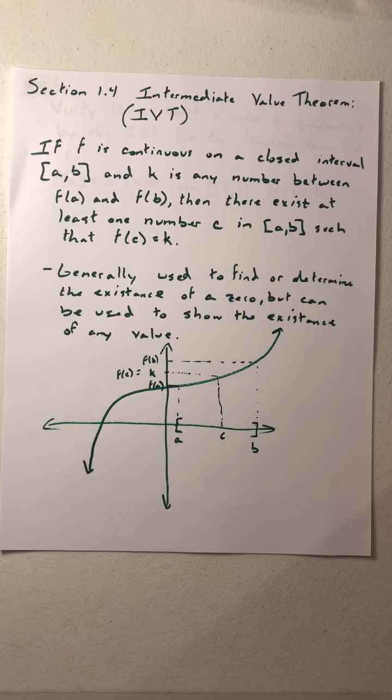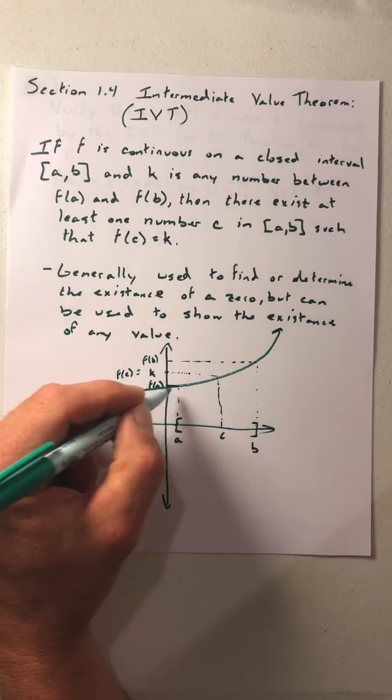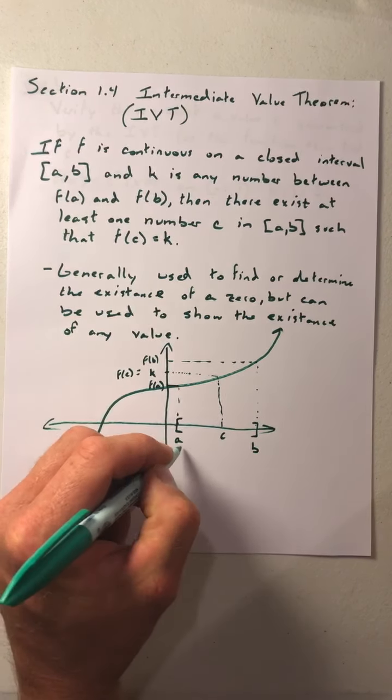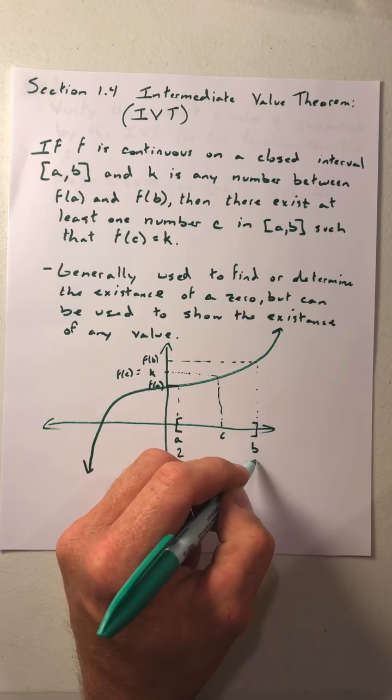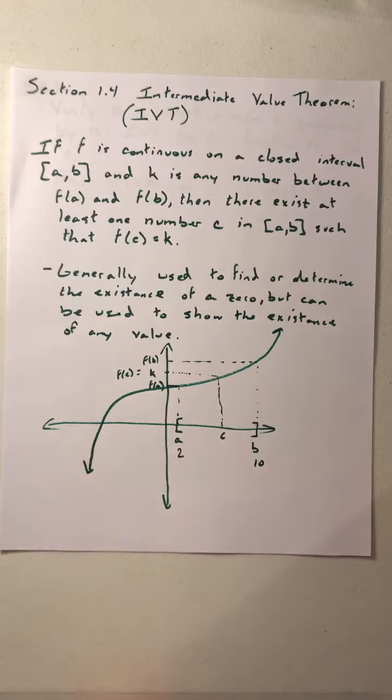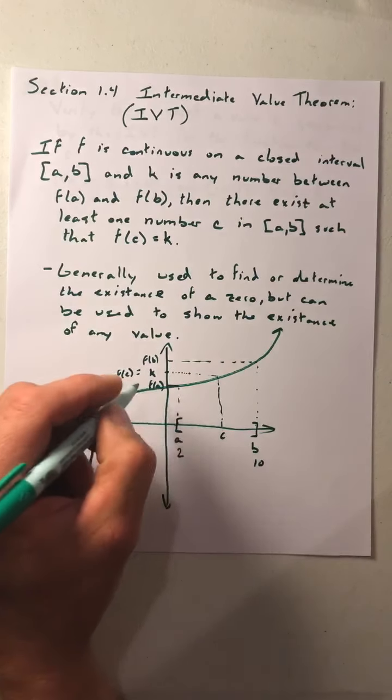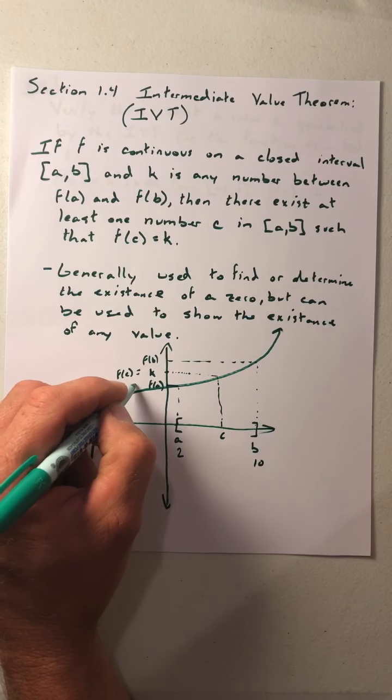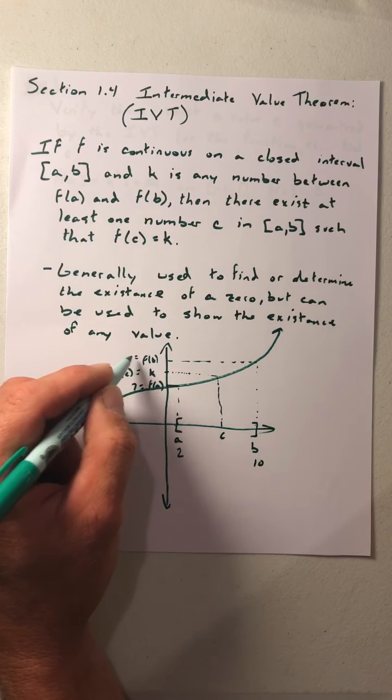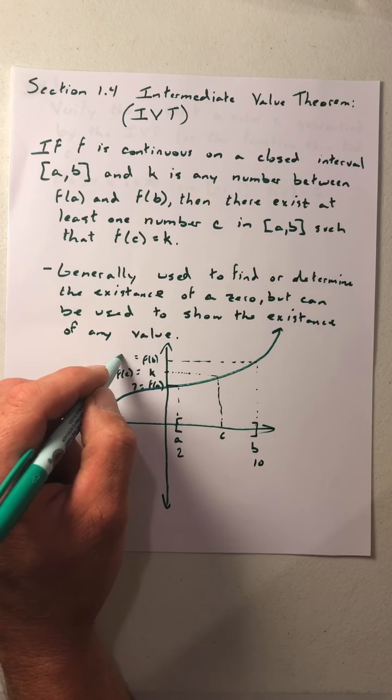So why do we use that? Well, we use this generally to show the existence of a zero, but we can show the existence of any value. Say that a is 2 and b is 10, and we know that f of a was, we'll say, 7 and f of b was 20.